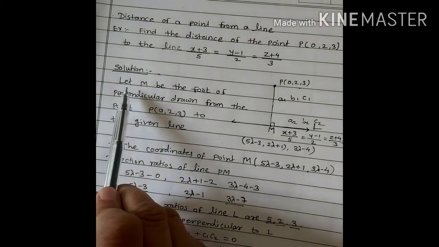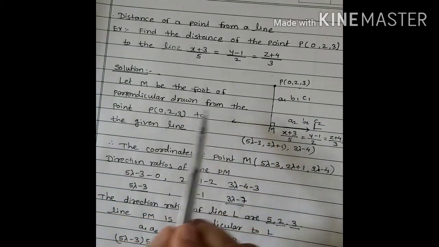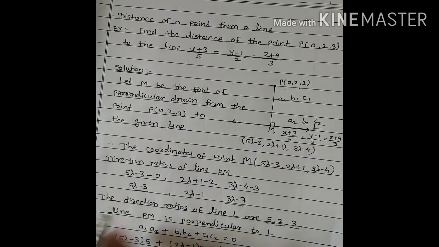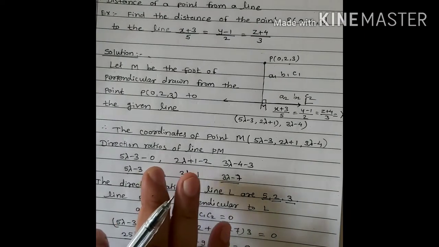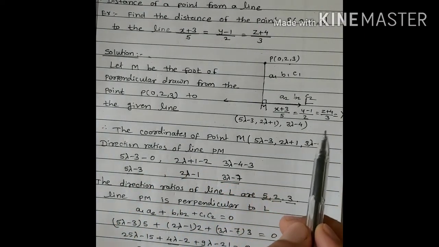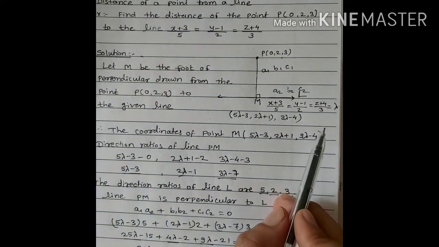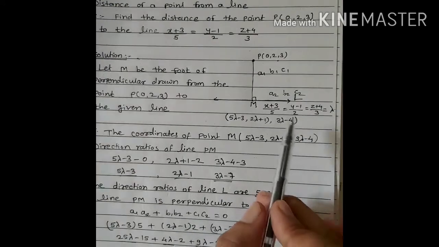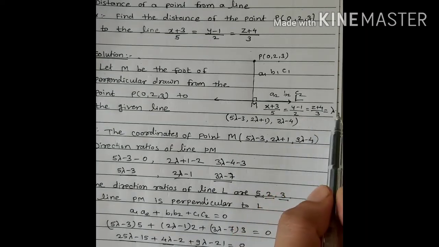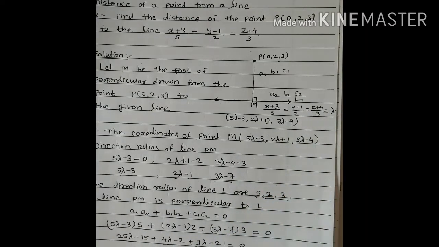First, initially written, let M be the foot of perpendicular drawn from point P (0, 2, 3) to the given line. Then coordinates for the point M are obtained from this equation of line by taking a ratio constant lambda. So x value is 5 times lambda minus 3, y value is 2 times lambda plus 1, next 3 times lambda minus 4.